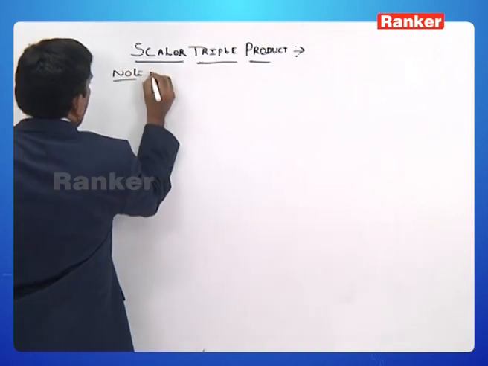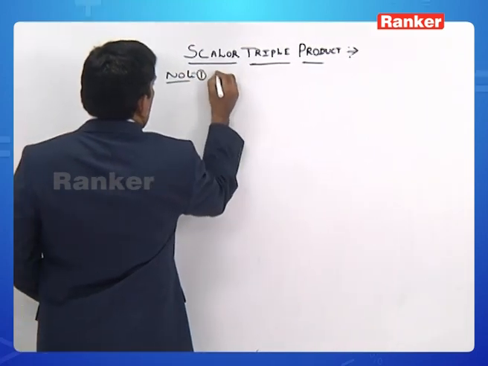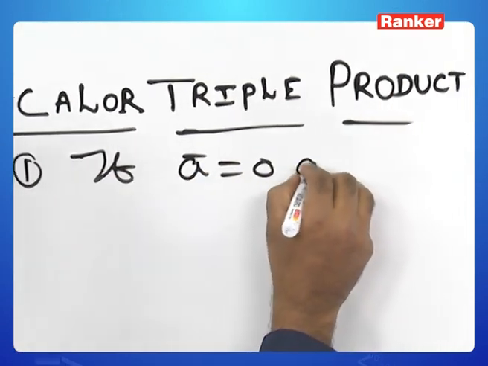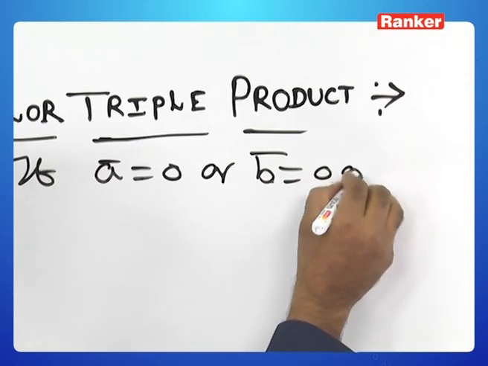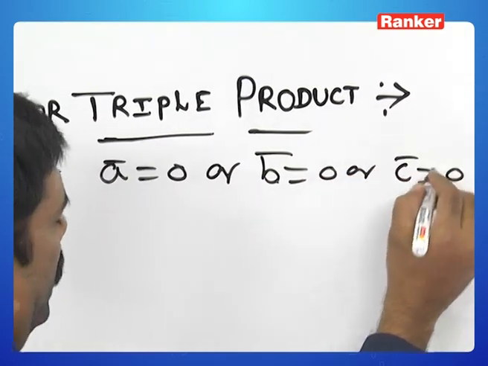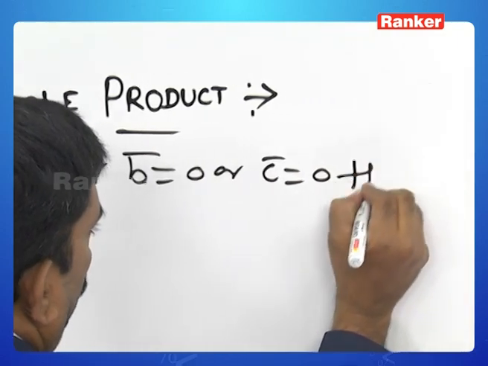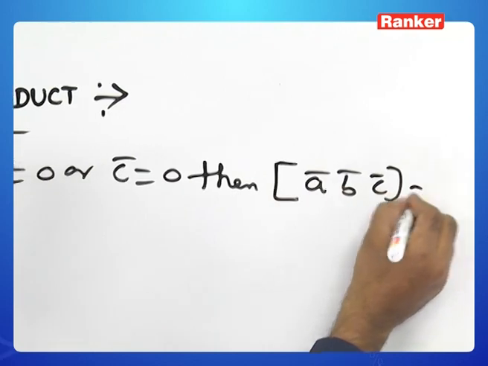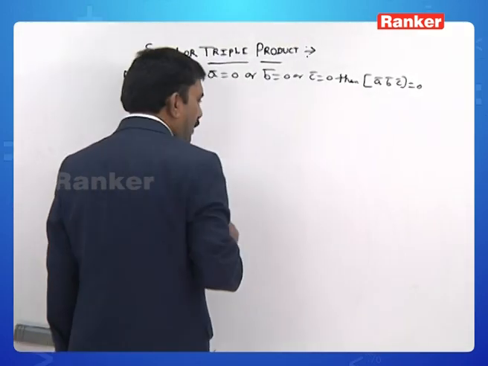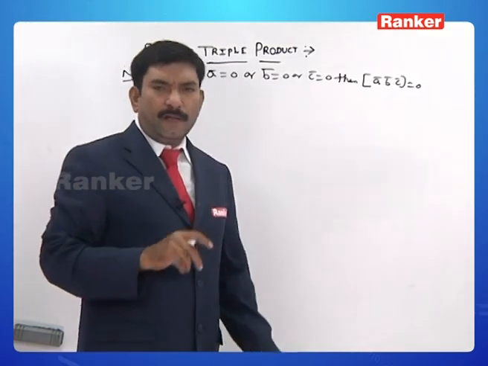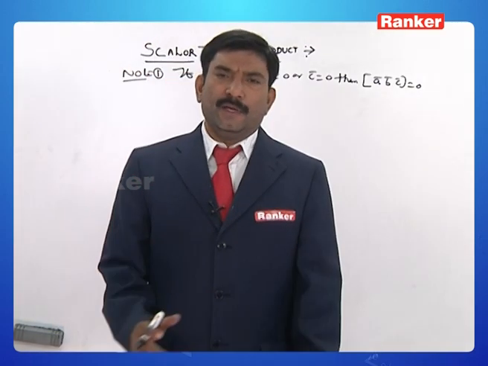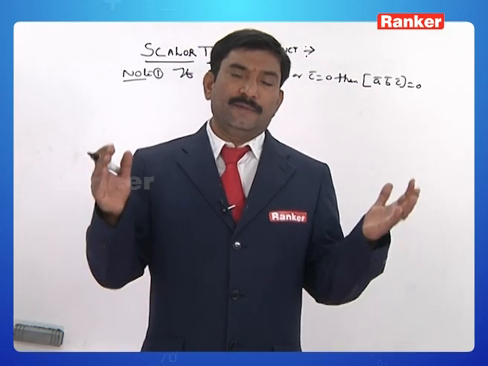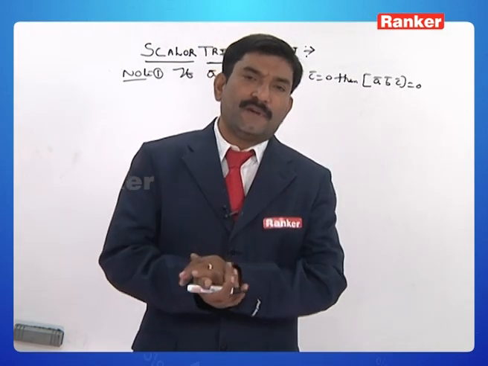Note, if A bar is equal to 0 or B bar is equal to 0 or C bar is equal to 0, then box of A bar, B bar, C bar is equal to 0. In a box product, in scalar triple product, if any one vector is a null vector, then the total value is equal to what? 0.